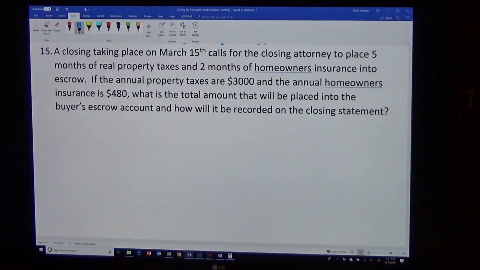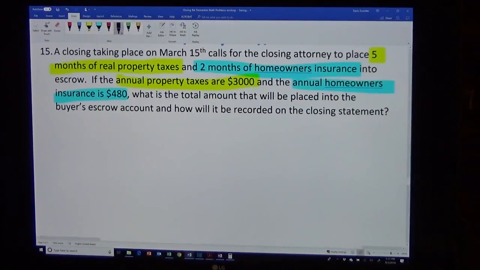Okay, so we got two pieces here. We've got 5 months worth of property taxes, and we know annual property taxes are $3,000. And then we've got 2 months of homeowners insurance, and we know that the annual homeowners insurance is $480. So I used two different colors there just to group them together, but you need to make sure to get these grouped together somehow mentally for yourself.